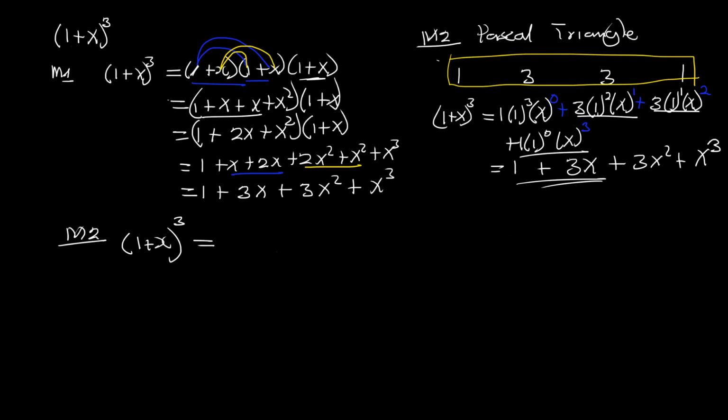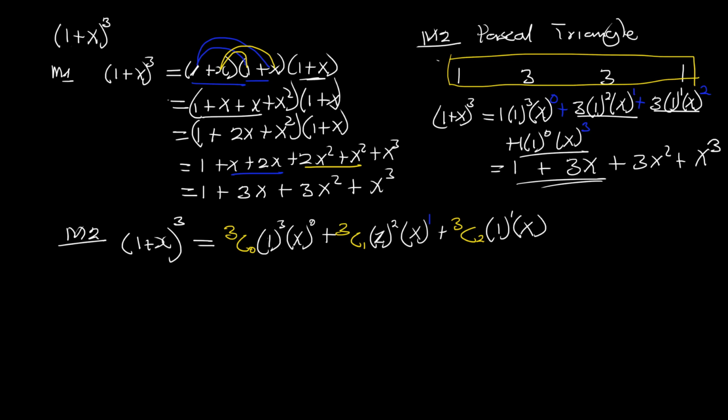And this, using the combination approach, will be given by 3 combination 0 times 1 raised to the power 3, x raised to the power 0, plus 3 combination 1 times 1 raised to the power 2 times x raised to the power 1, plus 3 combination 2 times 1 raised to the power 1 times x raised to the power 2, plus 3 combination 3 times 1 raised to the power 0 times x raised to the power 3.